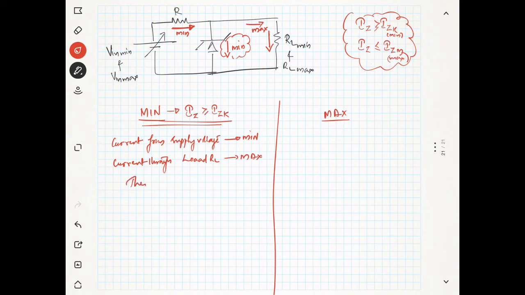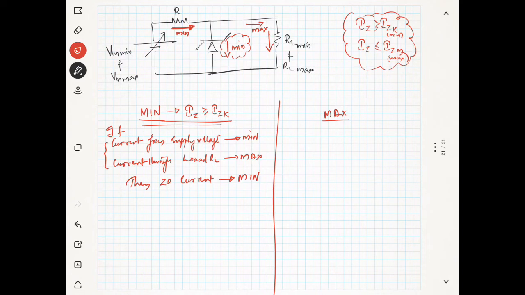Then the Zener diode current will be minimum. You should understand this idea. This is very, very important.